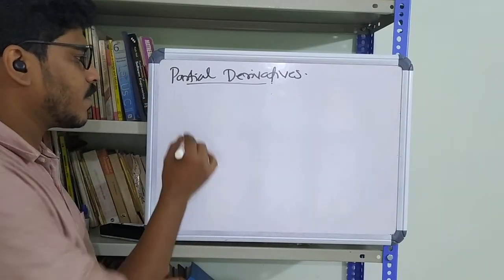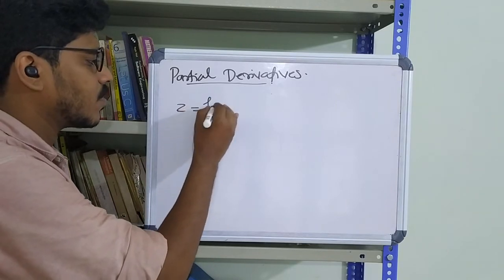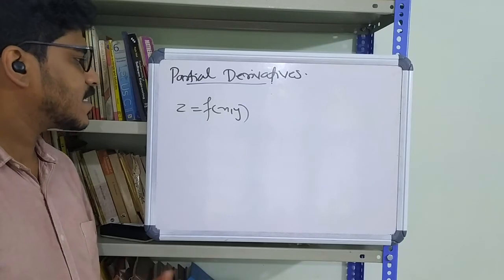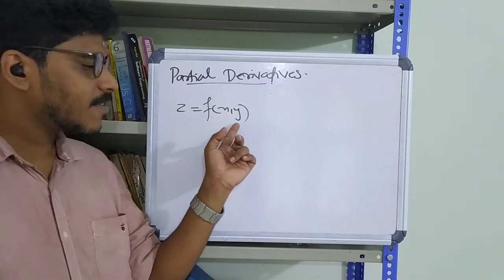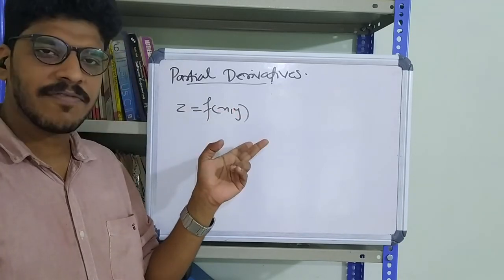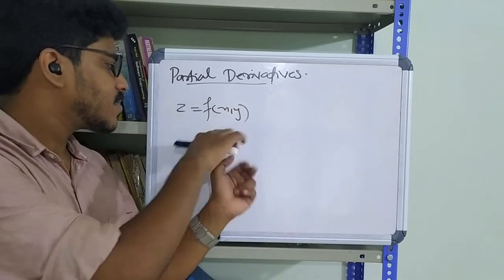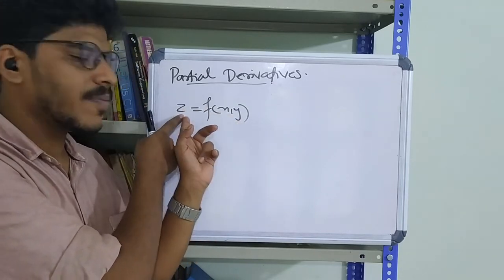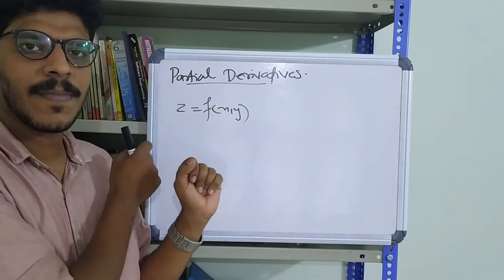Consider we have a two variable function, say z equal to f of x, y. Right. If this is the case, x and y are independent variables and z is a dependent variable. So z depends on x and y. If x changes, z will change. Similarly, if y has a change, there will be a change in z as well.